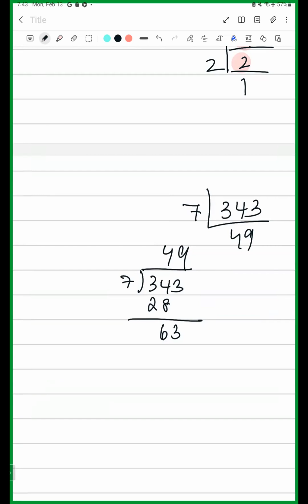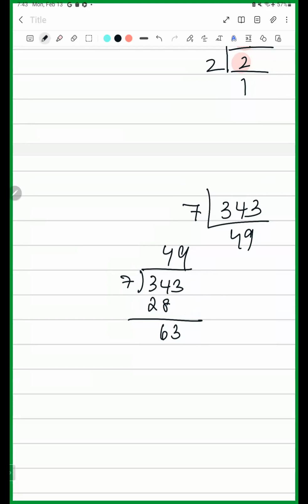Okay. Wait, how did you get 49? 7 fours are 28. Right? What is 34 minus 28?